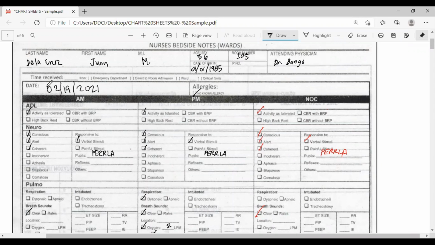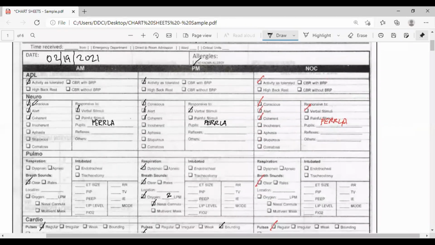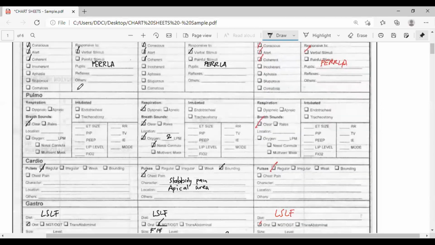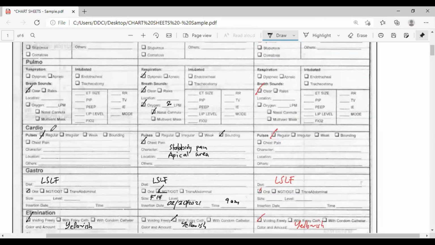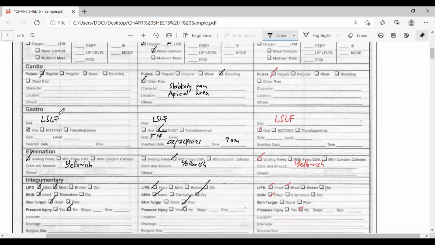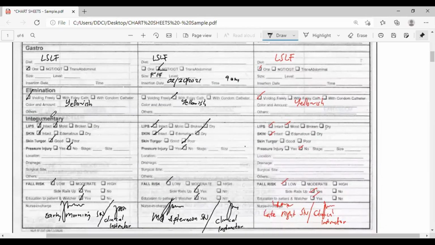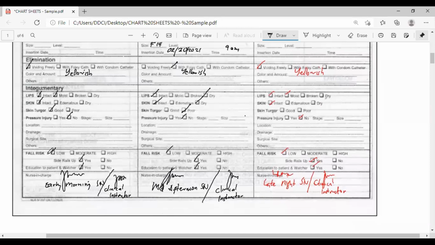We have the date, February 19, 2021. For the morning shift, we already checked in the details. We have ADL, neuro, pulmo, cardio, gastro already filled up, diet, oral, elimination, integumentary, and then fall risk and the signature. Early morning nurse, then countersigned by the clinical instructor.